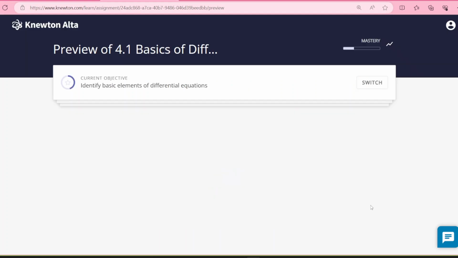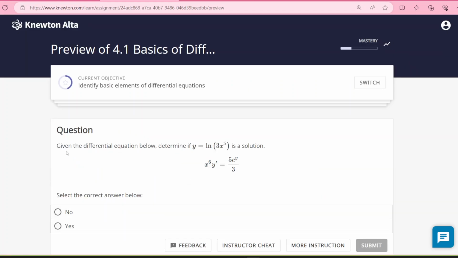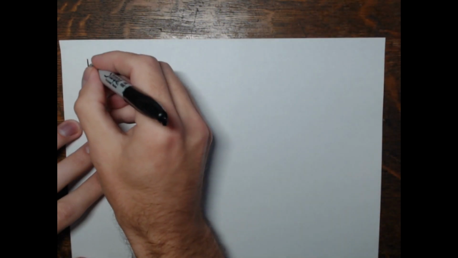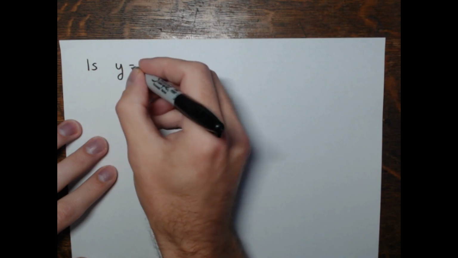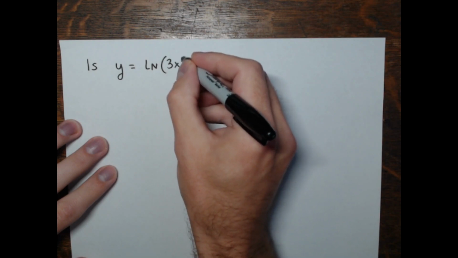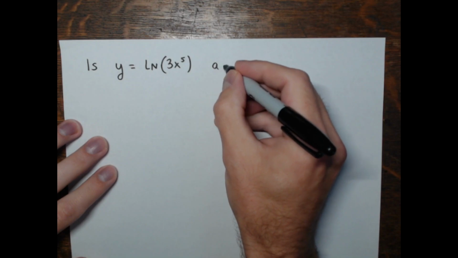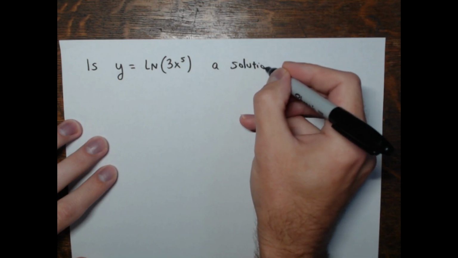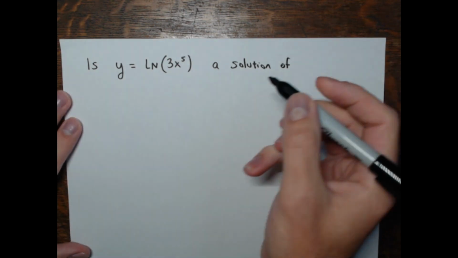All right, moving on. So another one here where I'm asked to just make some substitutions, and verify, or determine if the function we're given is a solution of the equation we're given. So here it is. This question is, is y equals the natural log of 3x to the 5th power a solution of the following equation?